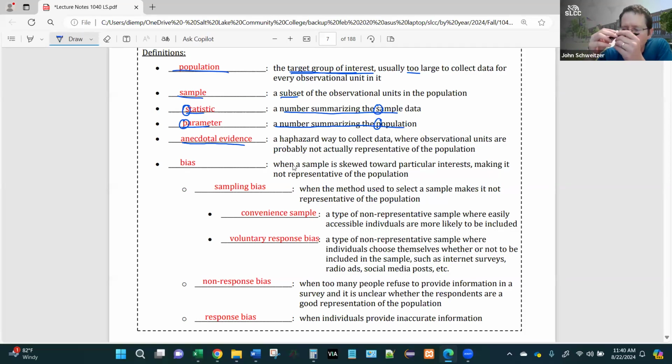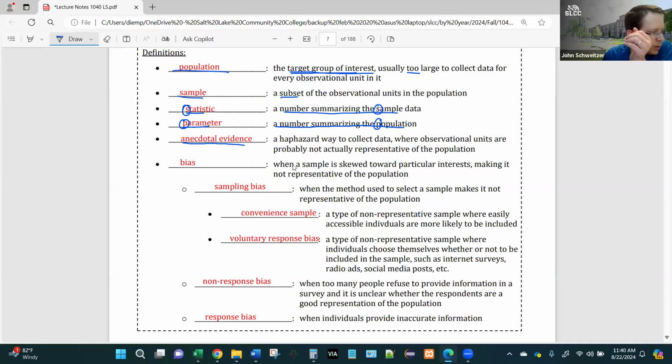Another example would be to go online to a subgroup on Reddit or Twitter and use that as a way of understanding the whole population. It just doesn't work because it's just a subset of the population.